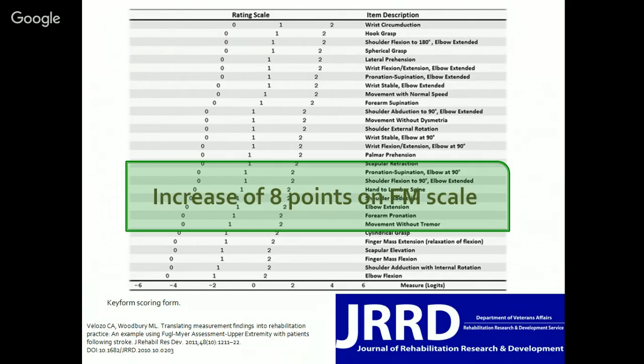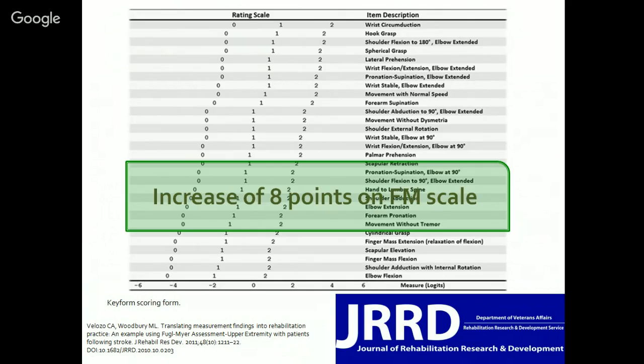Which means that if they initially have the ability to perform lower level tasks like cylindrical clasp, scapular elevation, finger mass flexion, then after application of CIMT, patients improve and are able to do things like scapular retraction, pronation, supination of elbow at 90 degrees, shoulder flexion to 90 degrees. These are the improvements. And if they initially come with a higher baseline, you might see that they will improve by another 8 points. That's how it is an improvement in the Fugl-Meyer form.